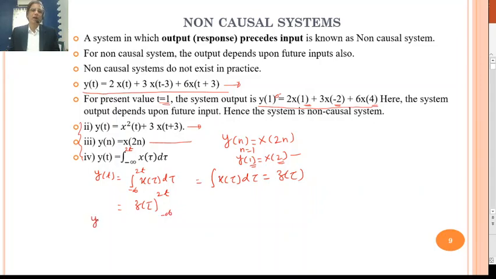Now for y of 1, at t equal to 1, we substitute the limits: z(2t) upper limit minus z(minus infinity). Minus infinity is the past value, but substituting t equal to 1 we get z(2) minus z(minus infinity), means the output depends on a future value, and this system is a non-causal system.